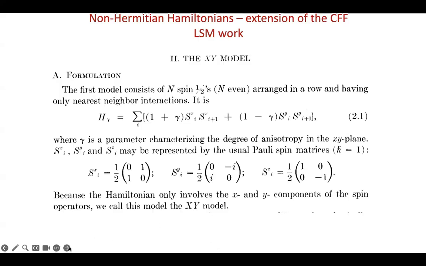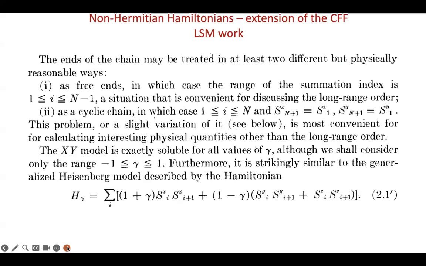And it turns out how the ends of the chain are treated is always very important in any problem. Boundaries are extremely important in spin systems. Okay. So I'm not going to spend time on this because we are now interested in infinite chains. So boundaries can be pushed back to infinity.